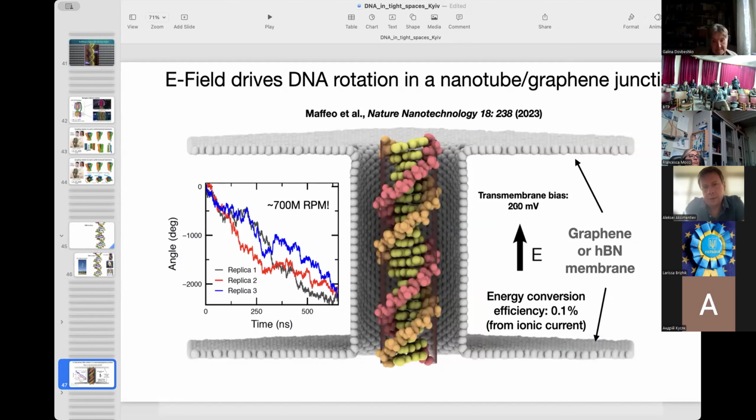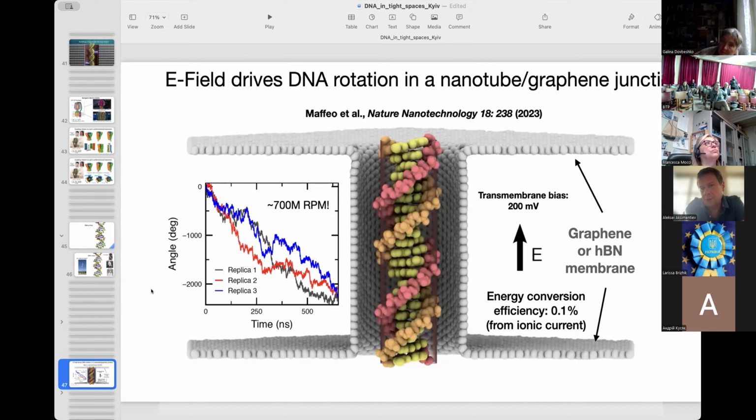Yeah, so in this example, you apply 200 millivolts, which is a very common voltage, and that is sufficient to generate sustained rotation at almost a billion RPMs for a small piece of DNA.